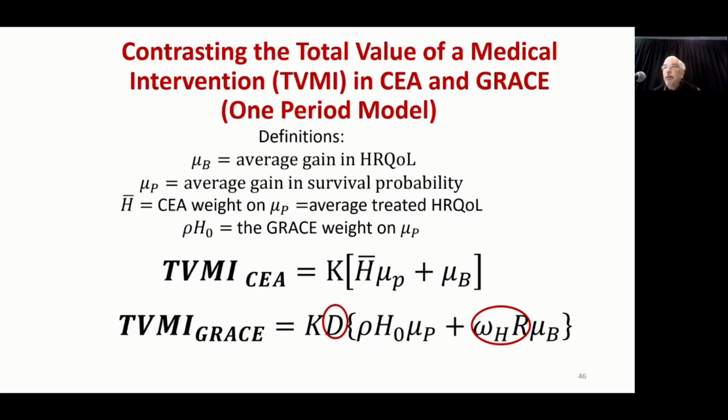I'm not going to tinker around with that today. It's not pertinent to the rare disease. And we also add in the two things: lower value because of diminishing returns, and then higher value in R for increasing severity. So that's how the value of a medical intervention changes in Grace compared to cost effectiveness.